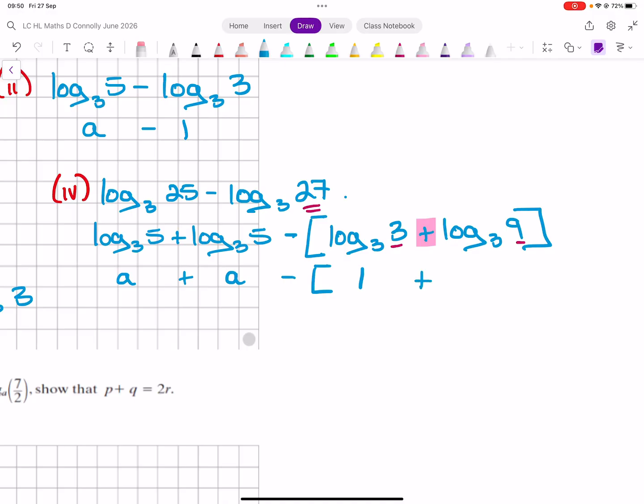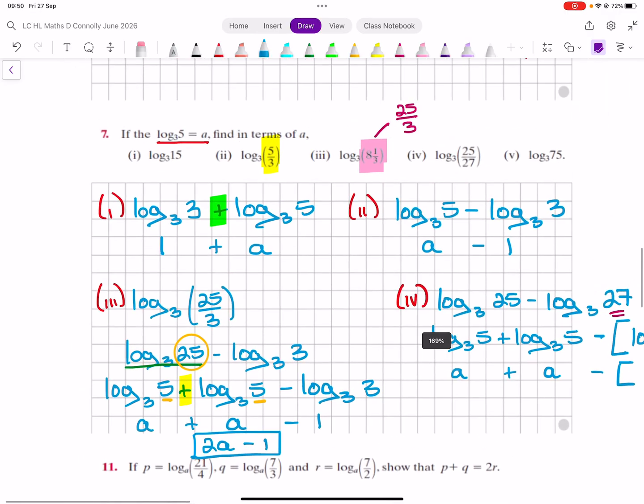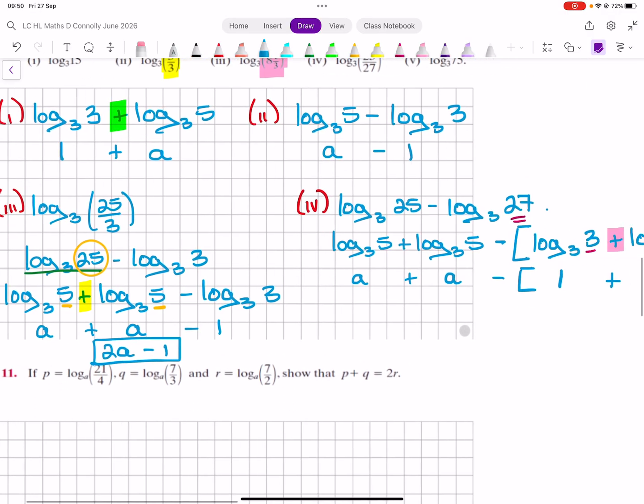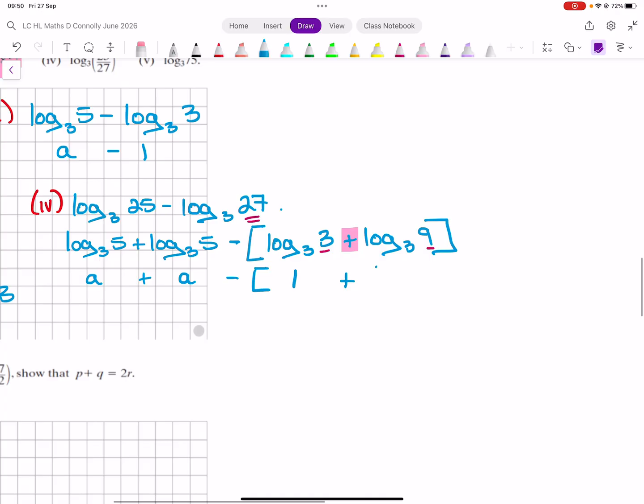Now, wasn't there a 9? Can I make it log to the base 3 of 3 squared and then bring this to the front? Yeah, I think that's going to work.